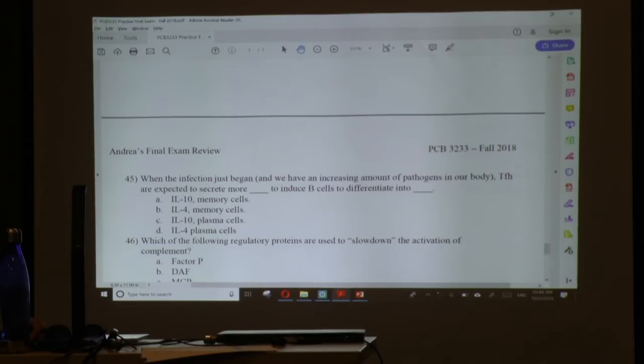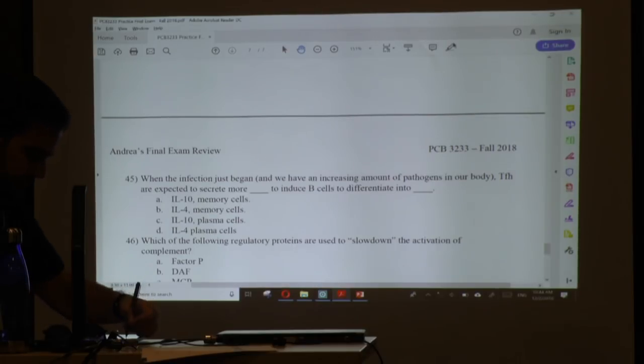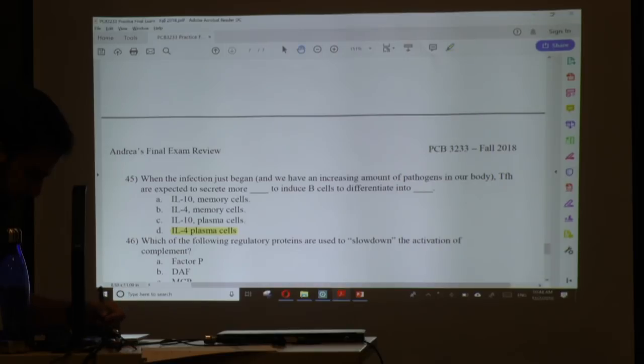Is it IL-4 or 10? Does anybody remember? Anyone? 4? Yeah, right? IL-4, make plasma cells, or turn into a plasma cell, and then IL-10, just turn into a memory cell, we'll use you later. All right? Plasma cell. Cool.